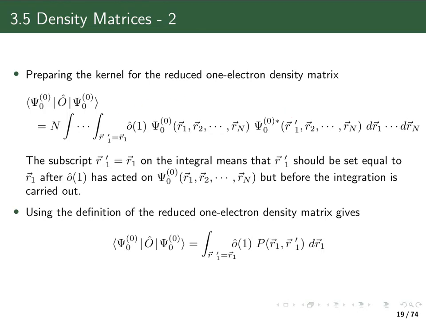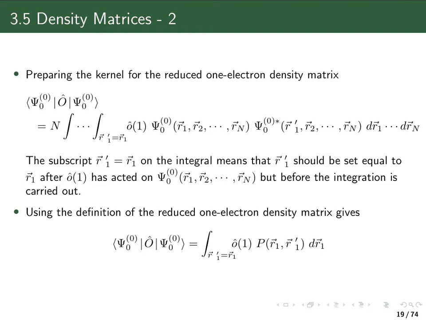Now I have to be careful on doing that, because if this operator just includes the position vectors of the electron, then there's no problem. But if it includes any kind of derivative with respect to the position of electron 1, then of course I would have a problem if I move the complex conjugate of the wave function to the right, because then this operator is not going to apply only to the wave function, but also to the complex conjugate of the wave function, which of course is not correct. This would give some different results.